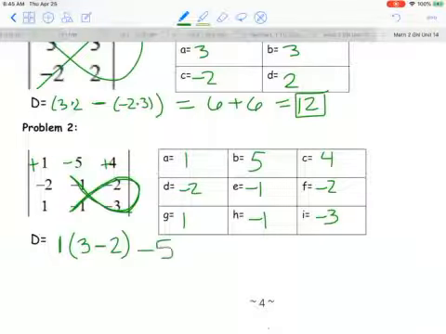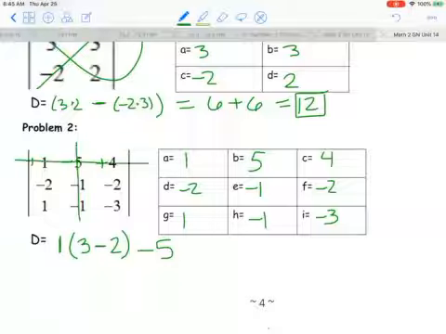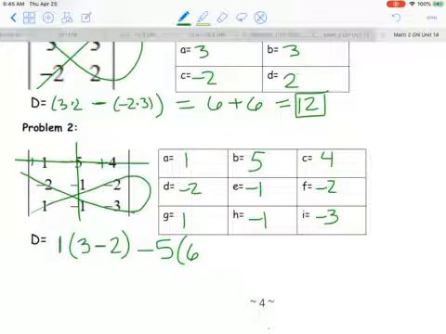Then we have negative 5. So negative 5, fish here. So we got 6 there. And minus negative 2.